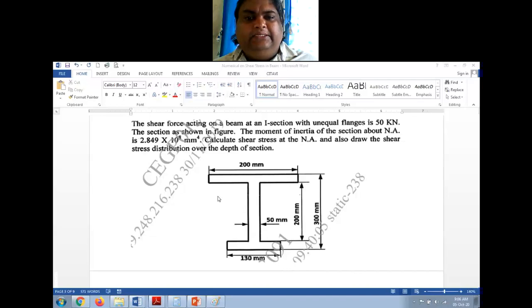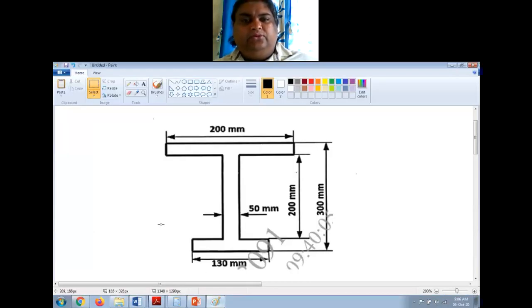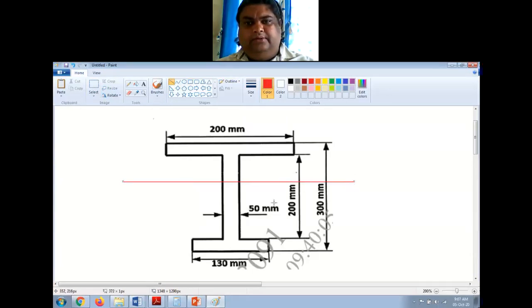Now first let us try to find the center of gravity or the neutral axis of this particular section. So this is the section that is given. Let me draw a line here. And it is not exactly at the center. It is slightly above the midway of this web. So I'm calling this as the neutral axis.